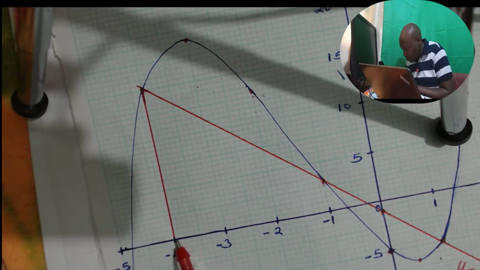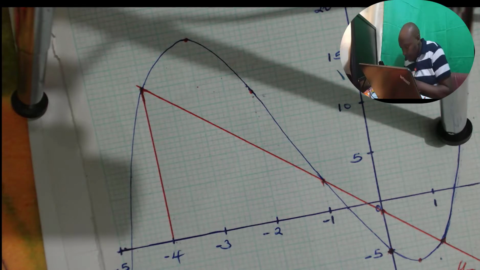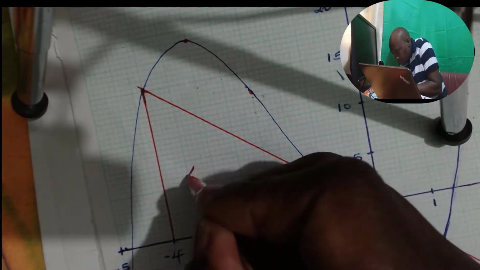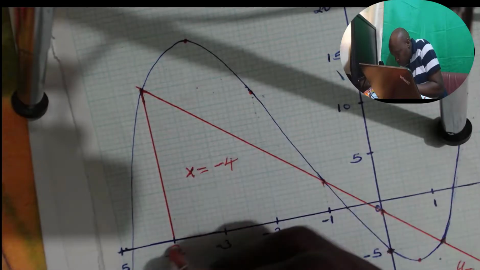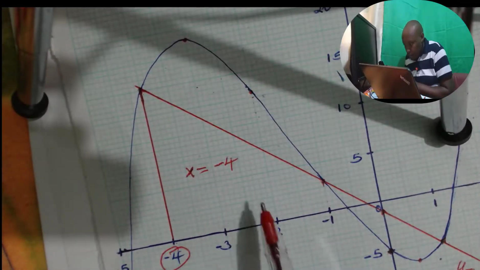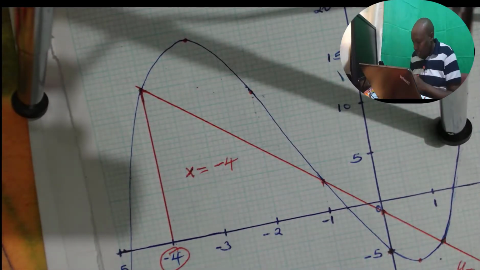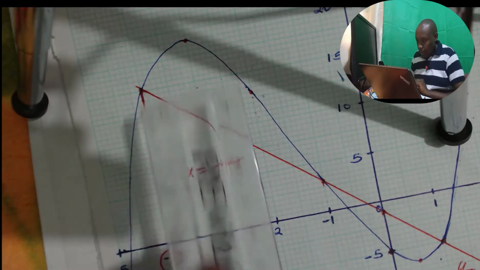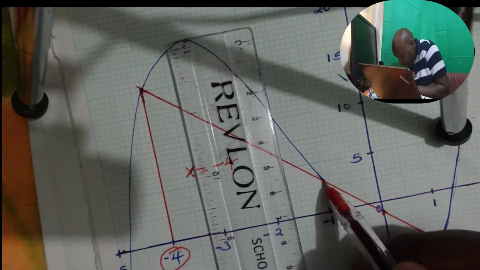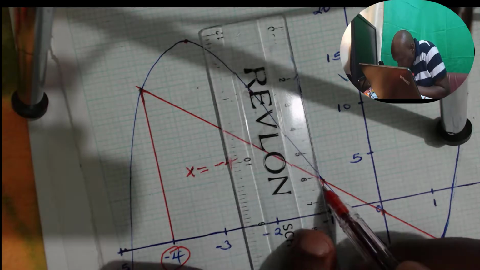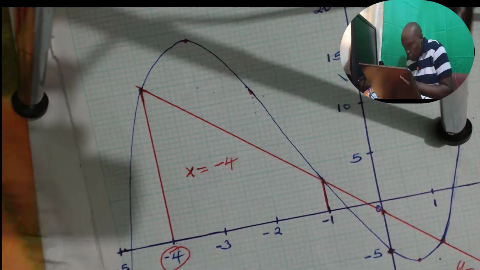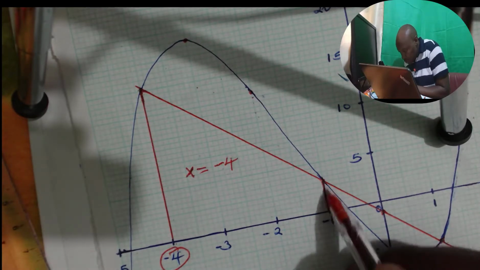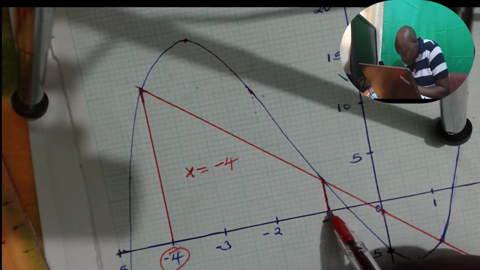The x coordinate there is given by x is -4, which is here. That is the first solution. The second solution is here. The other point of intersection of the curve and that line is here. So you also draw another line here, straight down to the x-axis.